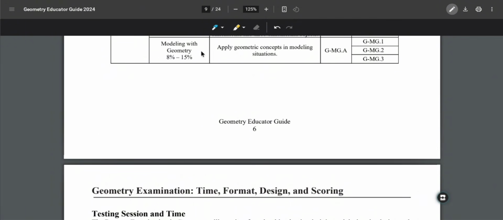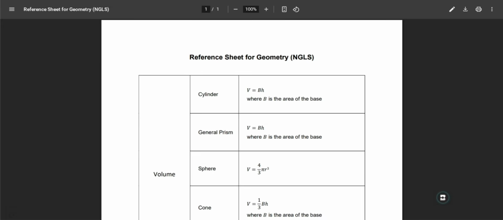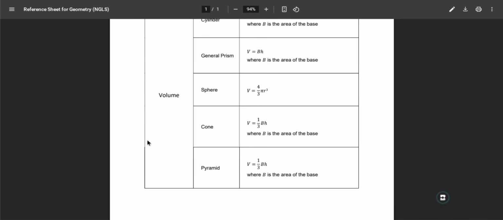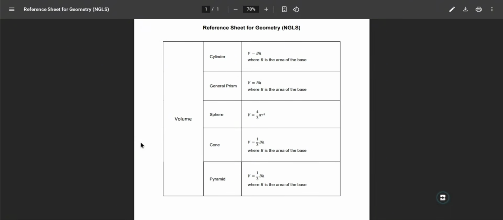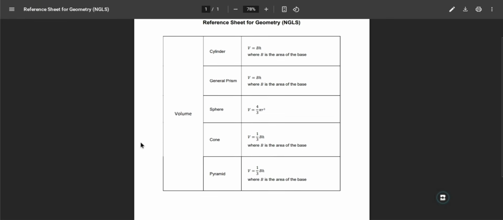What I do want to show you importantly is the new reference sheet. Previously, the reference sheet for the Geometry Regents consisted of many things, whereas on the new reference sheet for the Geometry Next Generation Learning Standards, this is what you're given. You're only given the values of the volume. That is all that is released, and that is all that we know is going to be on that reference sheet.